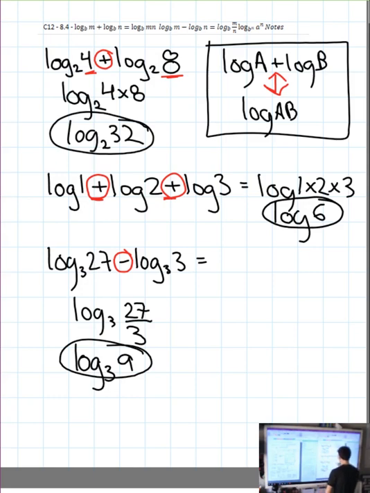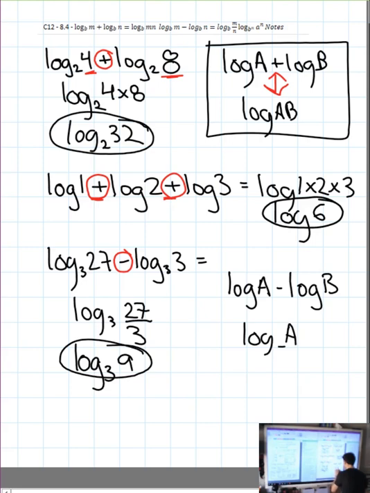So the rule states if I have log A minus log B, we can simply turn that into a division. Log A over B. Not log A over log B, not log A all over B, simply log A over B. Seen in your notes, seen on your formula sheet, rule number 5.